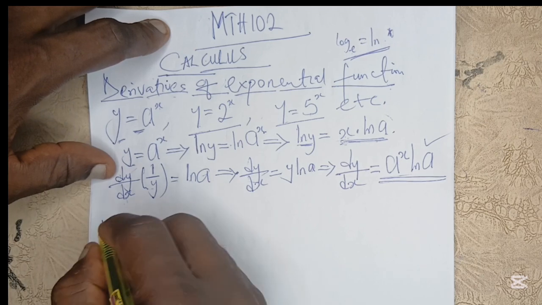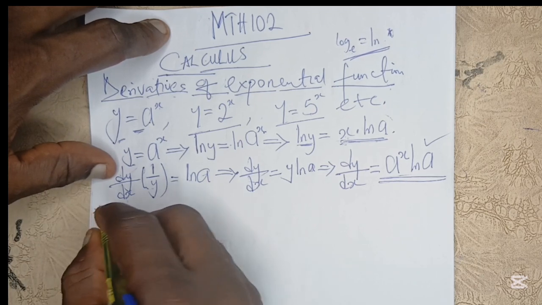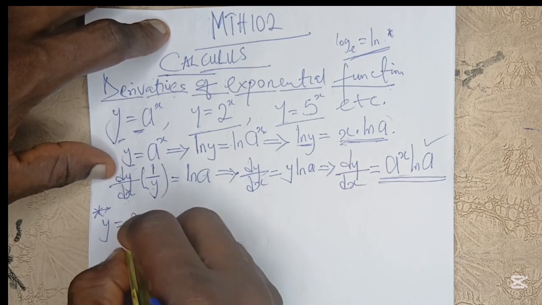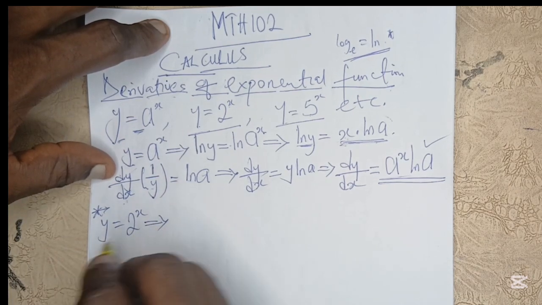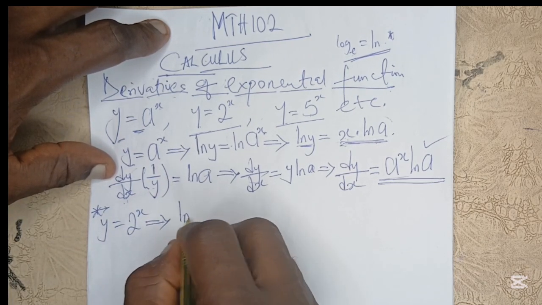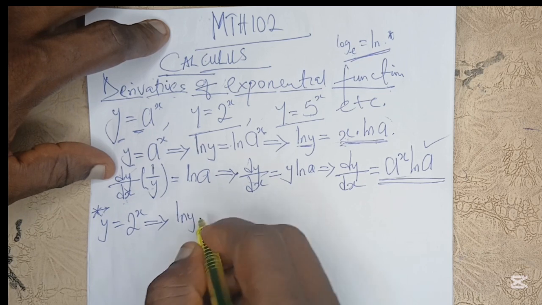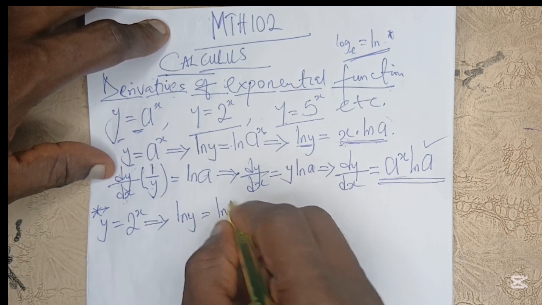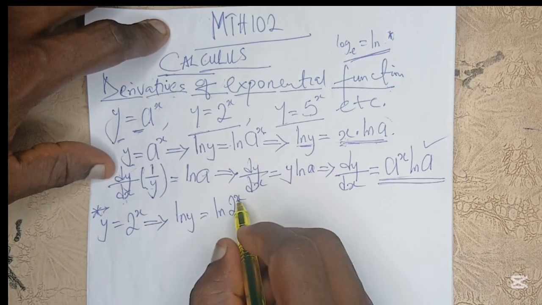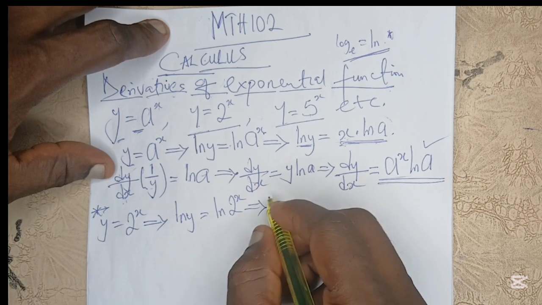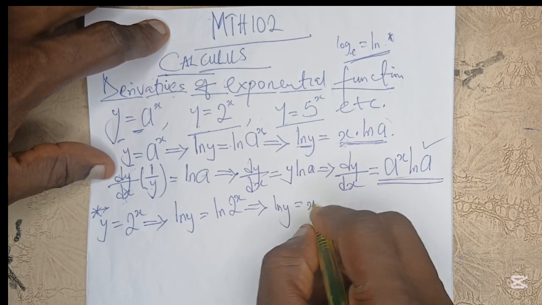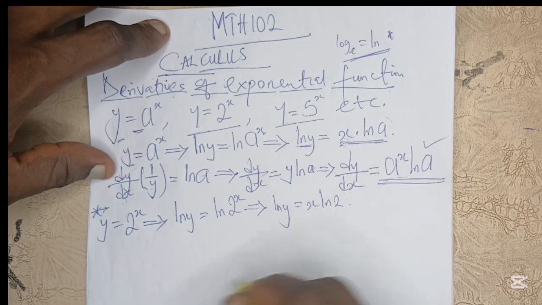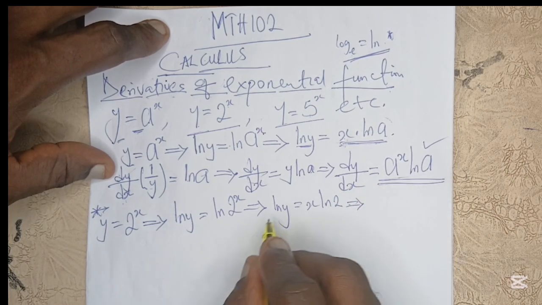Even when you have y equal to 2 raised to power x, what will you do? Take the ln of both sides, and ln y is equal to ln of 2 raised to power x. x will come down, which implies that ln y is equal to x ln 2.